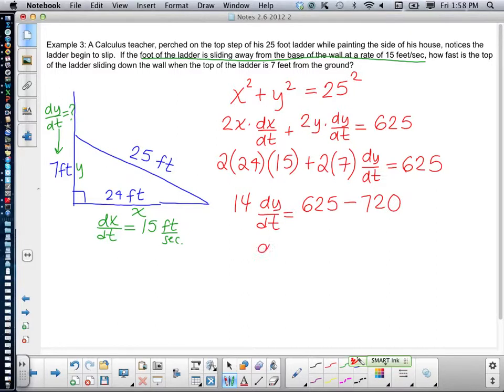And then finally, our dy/dt is going to be 625 minus 720, and then divide that by 14. Divided by 14, I'm getting negative 6.786.